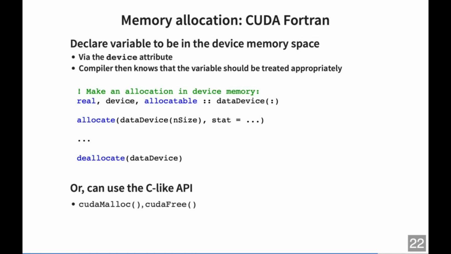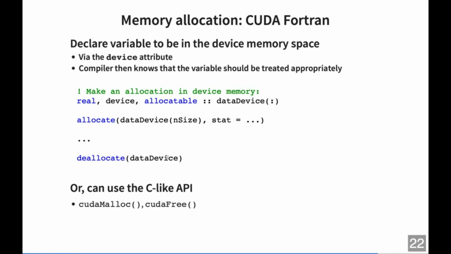So if we allocate against this data device variable, that allocation is in device memory via a standard Fortran allocate statement. And again, to release that device memory, just deallocate.